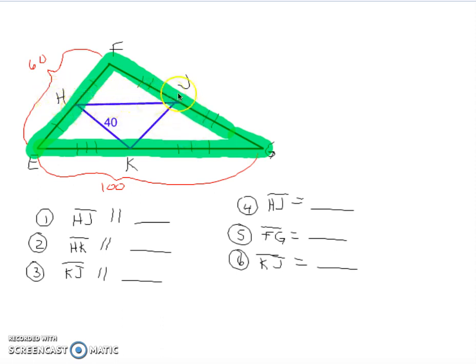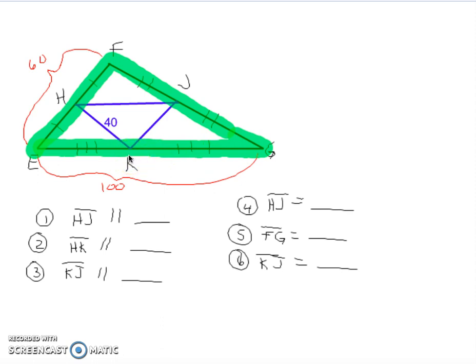So here's H and here's J. Notice H is in the middle of segment EF there, and J is in the middle of segment FG. So if segment HJ has to be a midsegment, which means it has to be parallel to the side across from it, which is this one, which is segment EG.